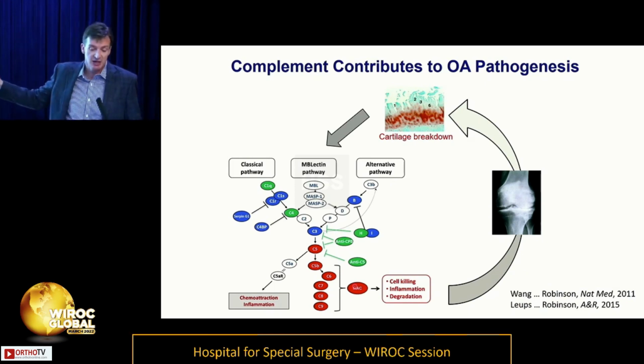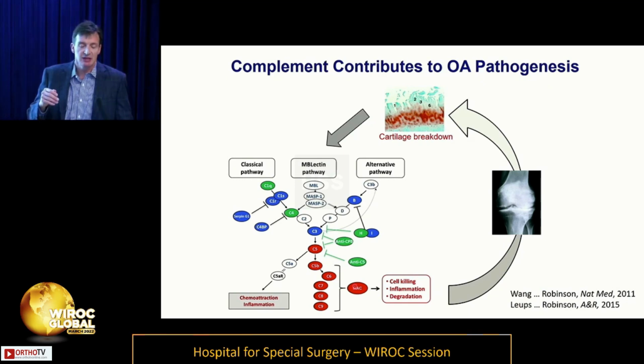And we show that in our publications. This sublytic MAC stimulation or activation of the chondrocytes and the synoviocytes results in the production of inflammatory and degradative mediators. These cause further inflammation and tissue injury to the joint, resulting in more extracellular matrix release in this kind of feed-forward process.